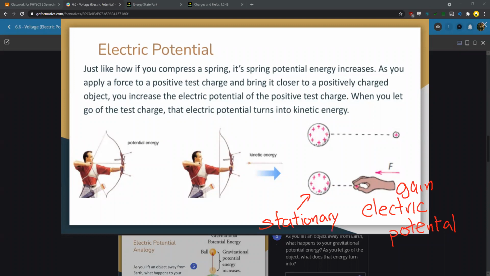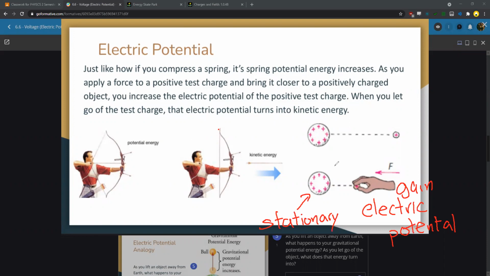You think this bowstring wants to be stretched? No, the bow's default state is literally in the middle. So when you're pushing this charge, you're giving it electric potential. What happens if I were to take my hand away suddenly?